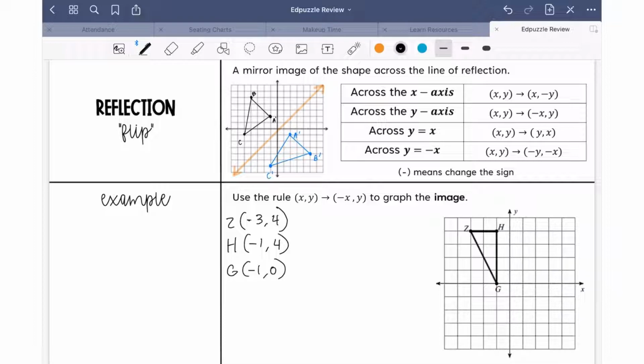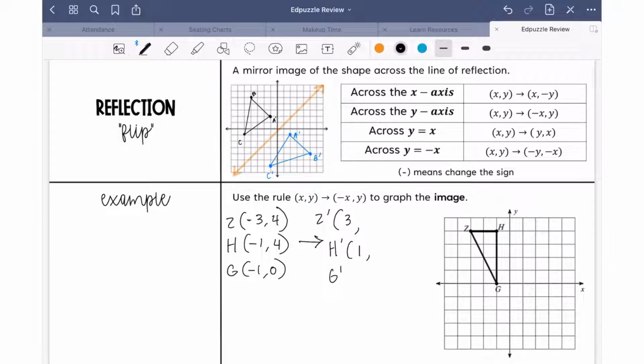And now I'm going to transform all of them and make all the x coordinates opposite signs. So the new Z prime is going to be not -3, but it's going to change to a +3. The new H prime x coordinate is no longer -1, it's +1.